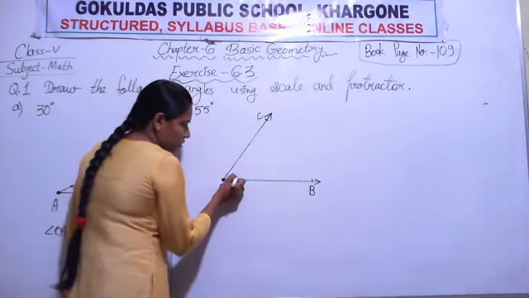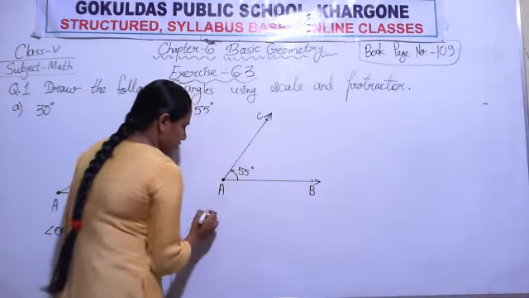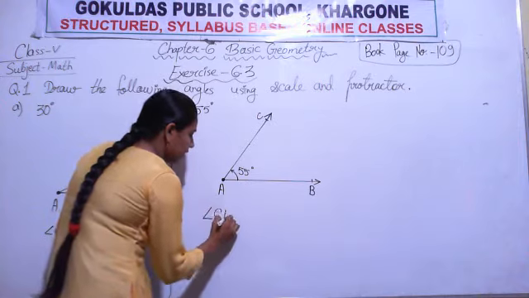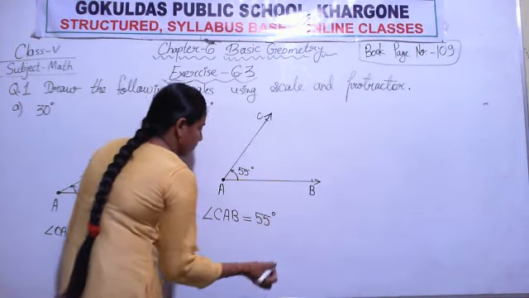So the space between these is 55 degree. So we can say that angle CAB is 55 degree.